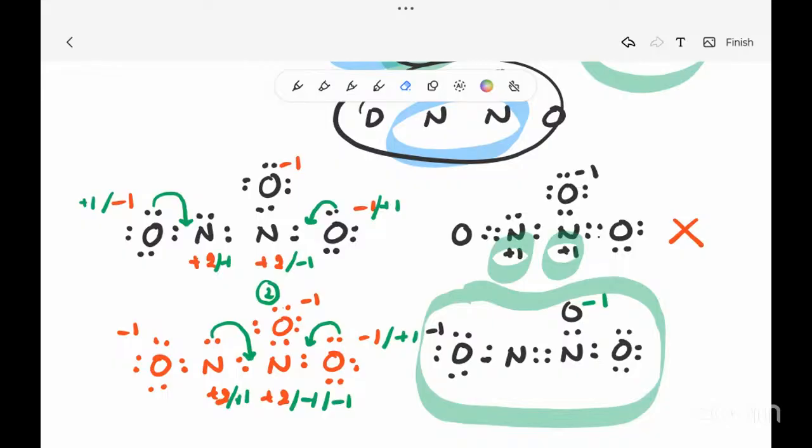Yes, here minus 1, and this is also plus 1. Yeah, so this should be plus 1 charge, right? Like this. Since the charge of one nitrogen is plus 1, so this is plus 1. Yes, correct. So this one is accepted as the N2O3 structure, right?